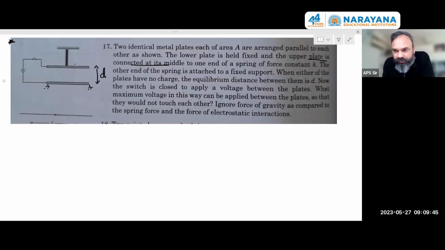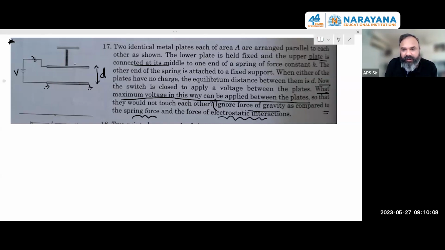Now comes the question. Now if you close the switch and there's a voltage V, the question is what maximum voltage you should be applying between the plates so that they would never touch each other. He has given that ignore gravity in comparison to the spring force and electrostatic interactions.